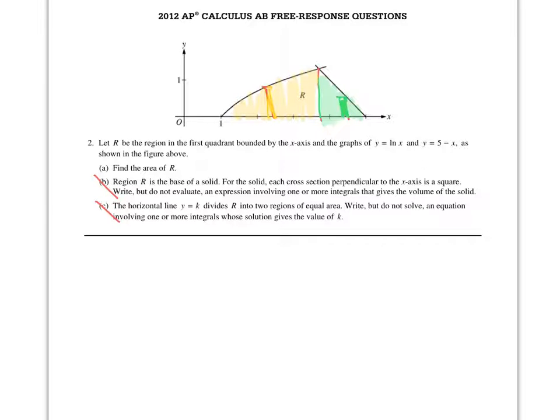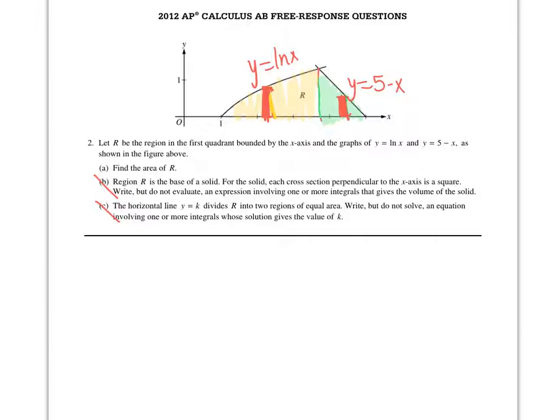If you look at those rectangles, the height of the one in yellow is touching y equals ln of x, and the one in the green shaded region is touching the line y equals 5 minus x. Since the top of those rectangles aren't touching the same function the entire time, you do have to do two separate integrals, okay?